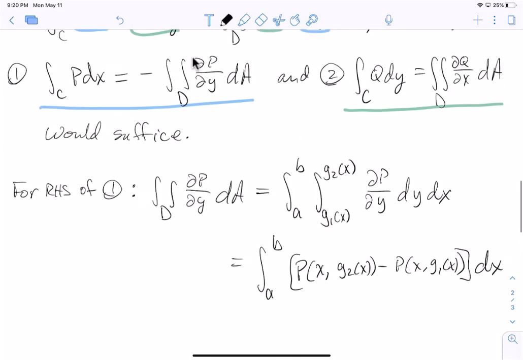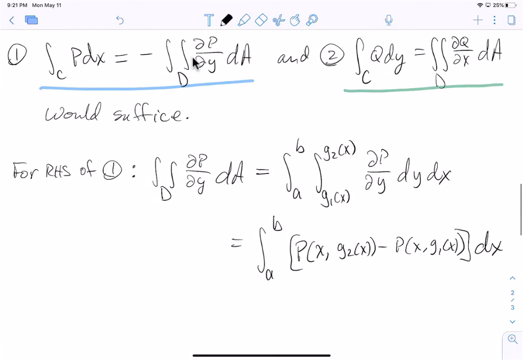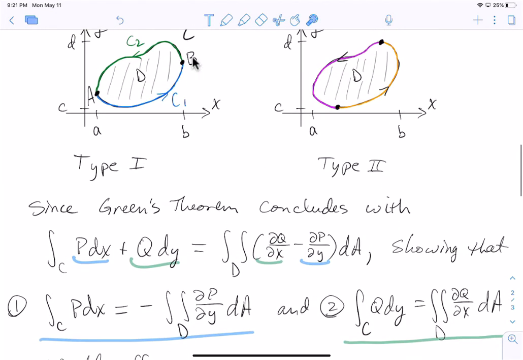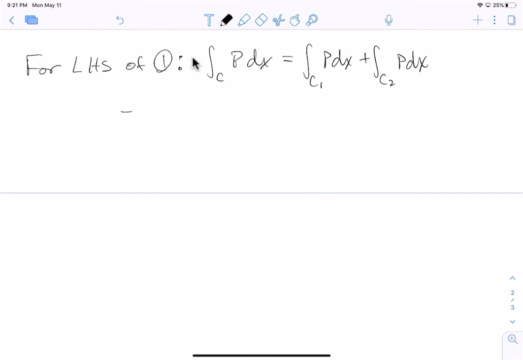Now back to equation 1, we're now going to look at the left-hand side, which involves the curve C, and it's the integral over C of P dx. Well, that line integral over C of P dx is a combination of a line integral over C1 and a line integral over C2. And in fact it is the sum of those two line integrals.